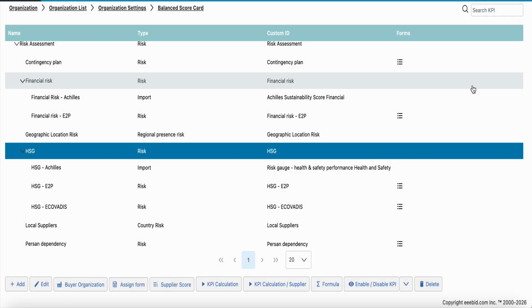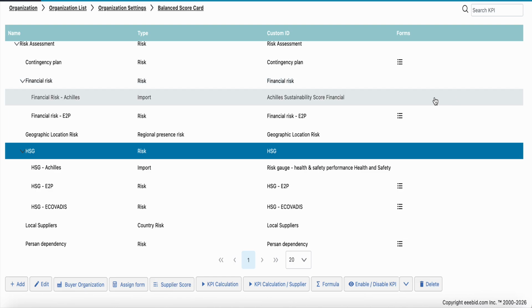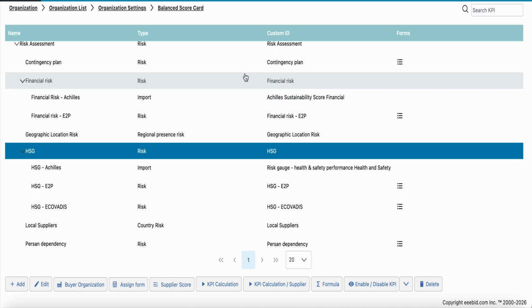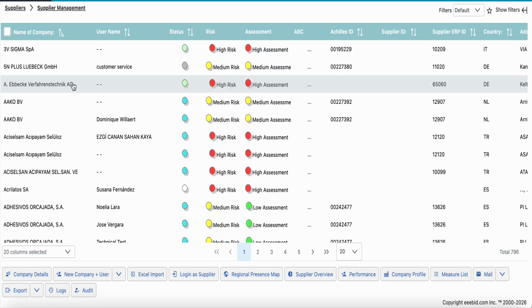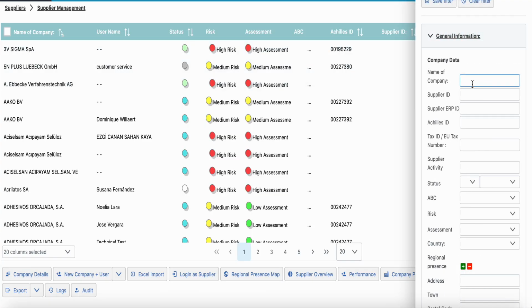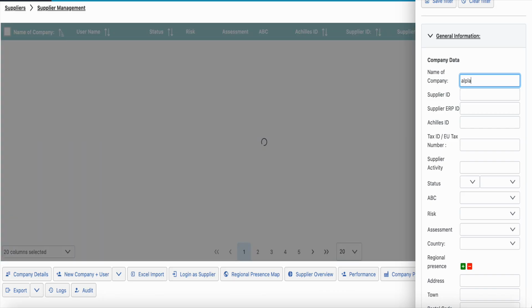But how do we now manage and get this financial risk? What's behind it? What's behind the sustainability data? So with this customer on the financial risk, to cover it first, we're actually going into the balance. And we are tracking the balance, and let's take here maybe one supplier.